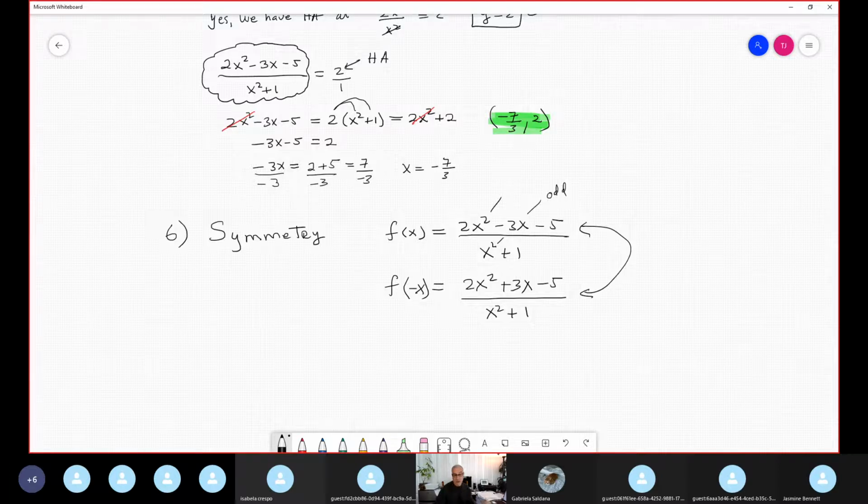No, therefore it's not even. And it's also not completely the opposite sign, so not odd. So it's neither. That means that I need to investigate separately the negative part and the positive part.